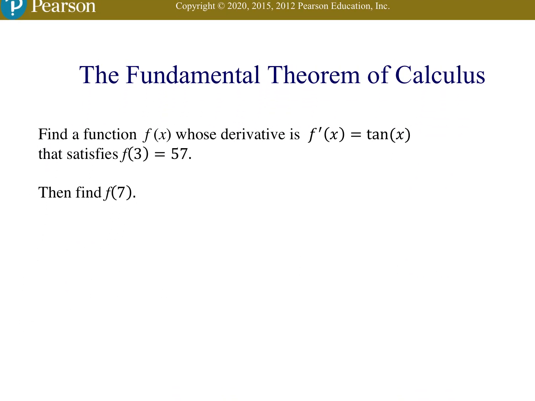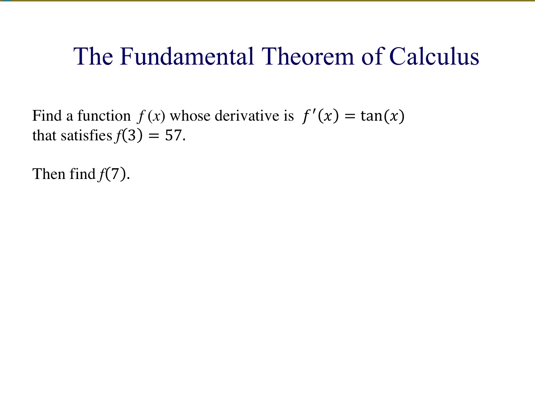Okay, so Tyler, here's your question. I added find the function, and then I put then find f of 7. Okay, so first find f of x. Do you want to try it, Tyler? Yeah, I think it's... What's our initial condition we're starting with? 57.